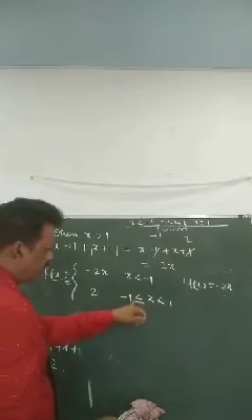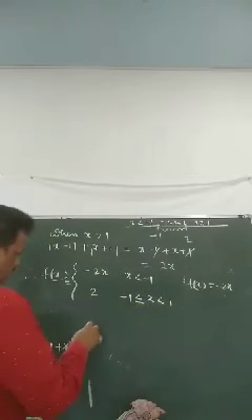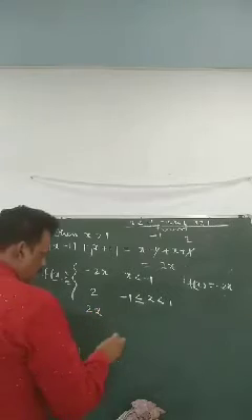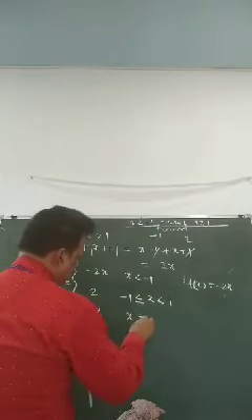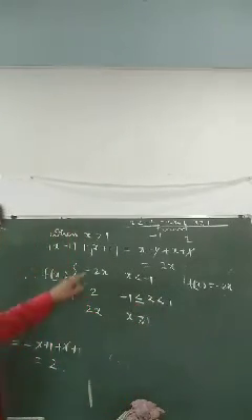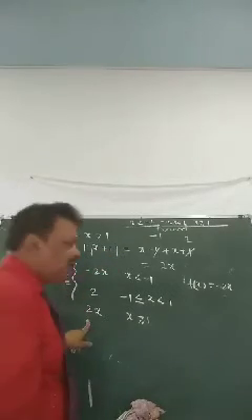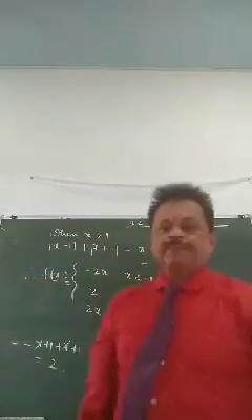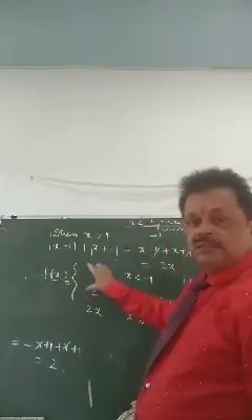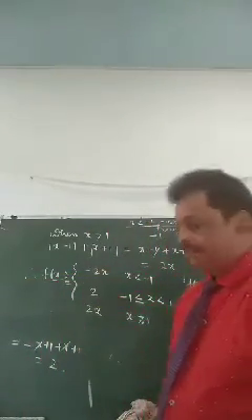Equality I am taking with the greater side. Then 2x when x is greater than or equal to 1. So this we define into this form. Now we will discuss whether this is a continuous function or not.